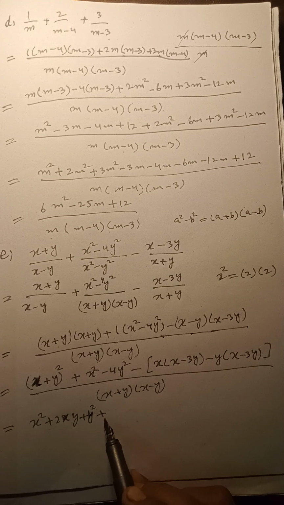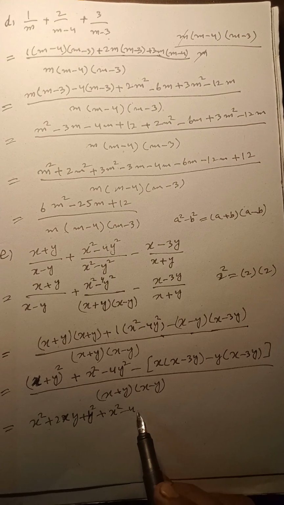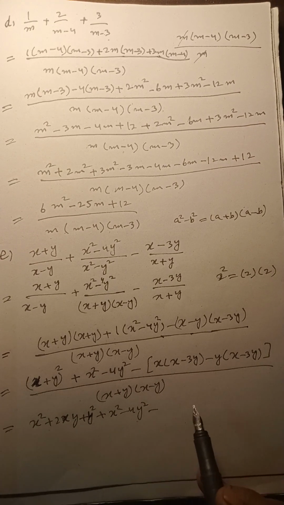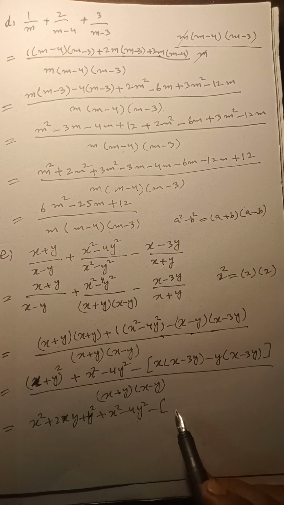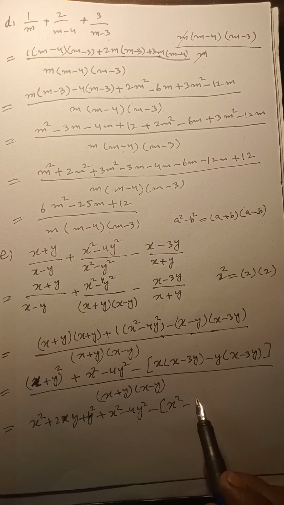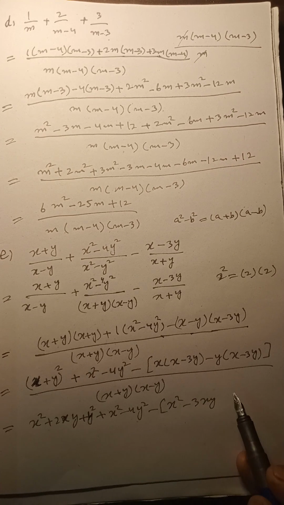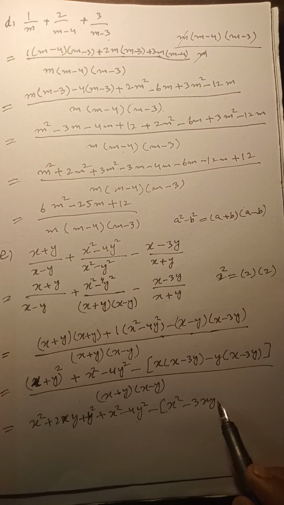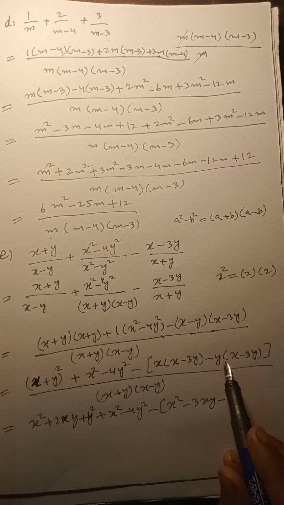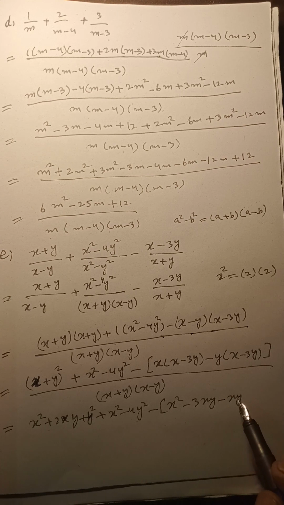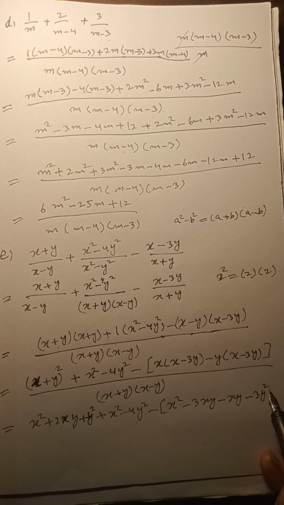and this one is the same, x square minus 4y square, and this is to multiply, x square minus 3xy, this one, and minus xy, when y is multiplied by x, minus xy, and minus 3 multiplied by y is minus 3y square.